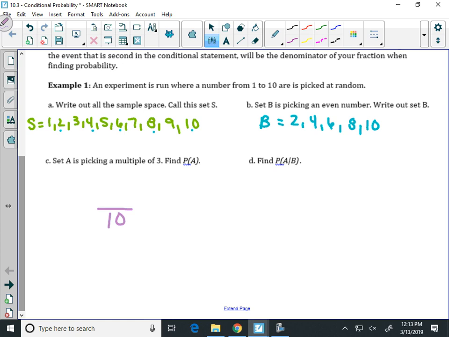Of those 10, how many are a multiple of 3? 3 is a multiple of 3. What else? 6. What else? 9. So 3 out of the 10 fall into event A. As a decimal, 3 divided by 10 is 0.30, so about a 30% chance of picking a multiple of 3.